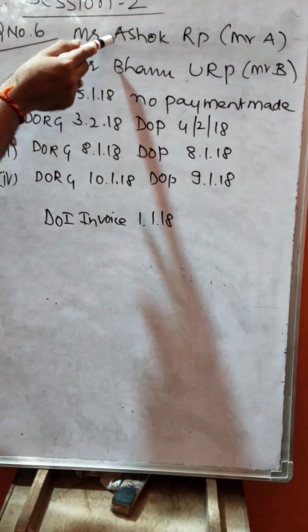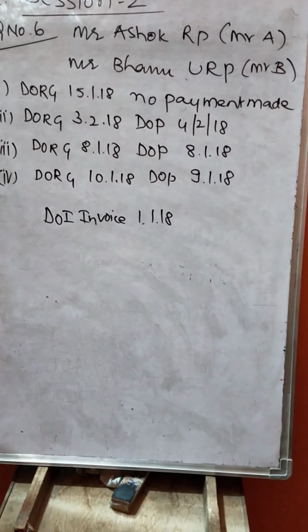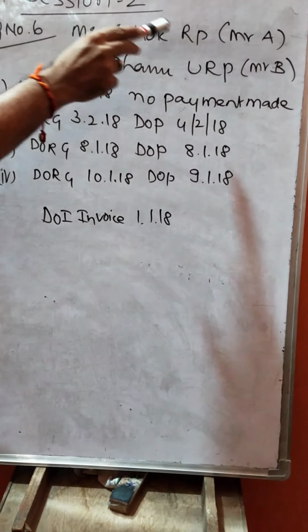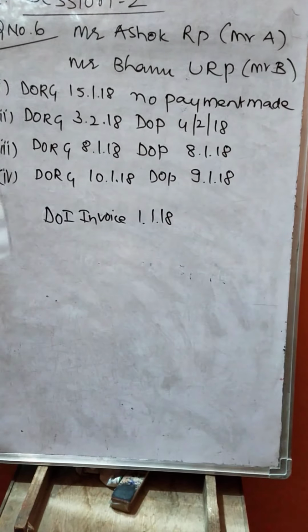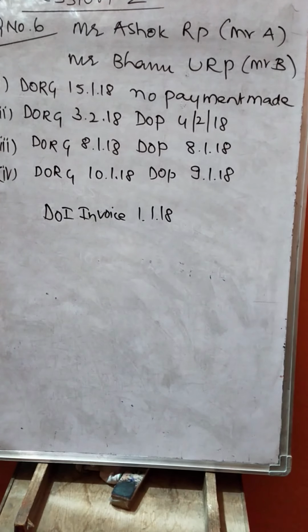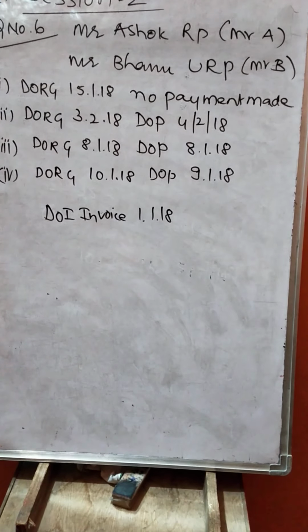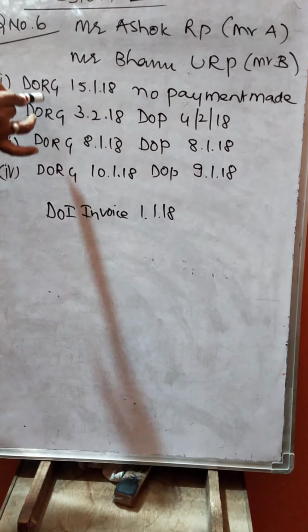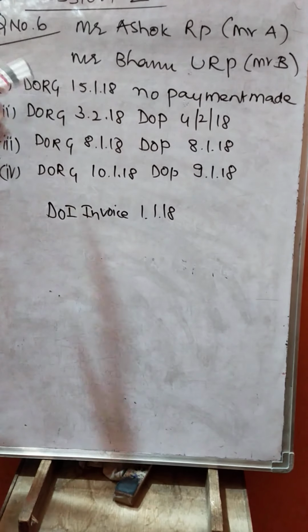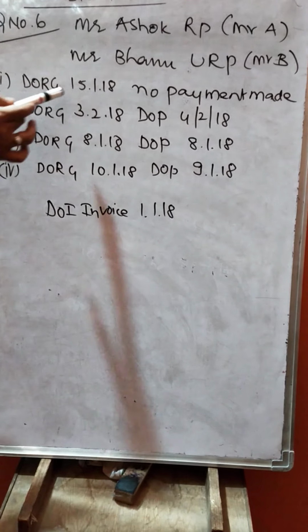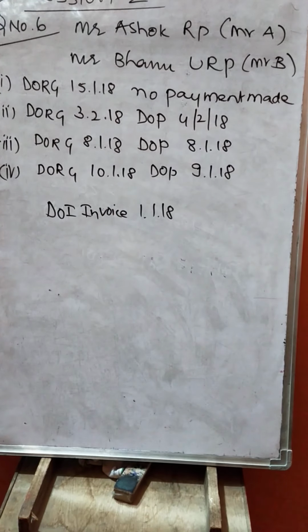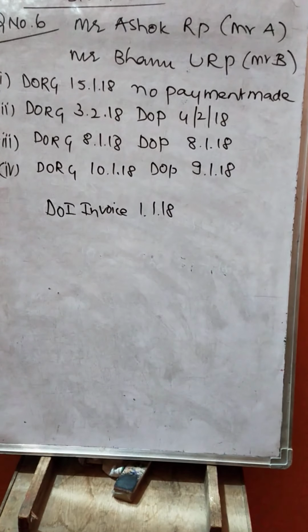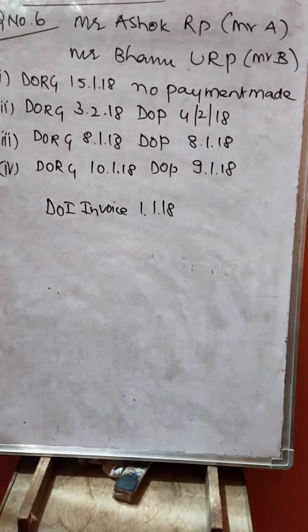So what is reverse charge? That you must have a clarity. A registered person paying taxes on behalf of unregistered person, that is called as reverse charge. There are 4 situations given. Date of receipt of goods 15th January, but payment is not made, payment is not recorded.